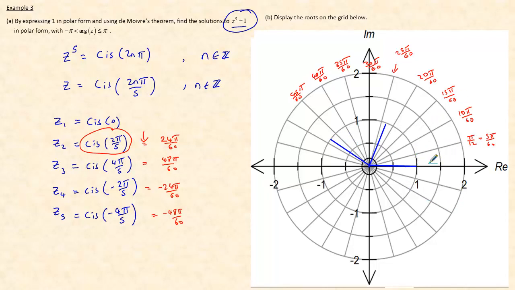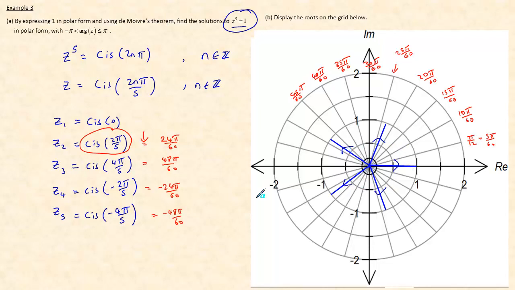And then we can just use the symmetry to get the ones in the bottom. So this one here is going to be sort of there. And this one here is going to be there. And they should be perfectly evenly distributed.